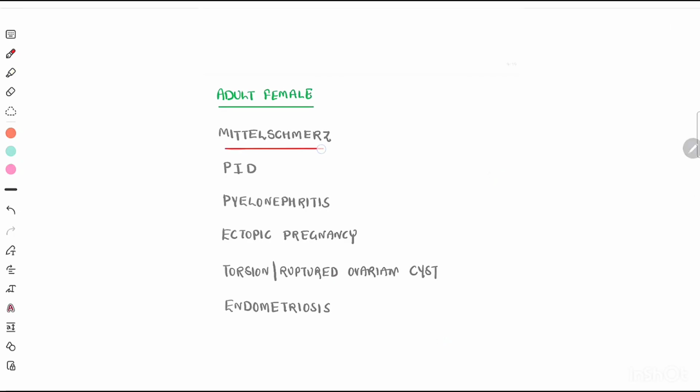So there can be Mittelschmerz syndrome, in which on day 14 ovulation occurs, and due to the rupture of the ovarian follicle there is pain. So you have to ask about the menstrual history. It can be PID, pelvic inflammatory disease.